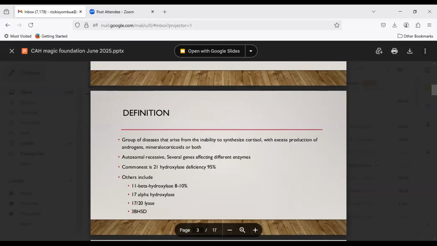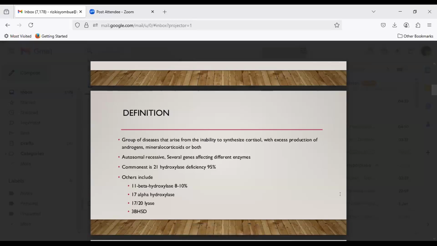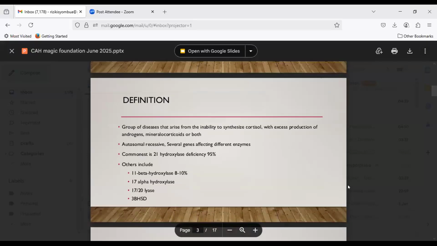The commonest is 21-hydroxylase deficiency that accounts for about 95% of the patients you see. But the others would include 11-beta-hydroxylase, 17-alpha, and 17-20-lyase, and 3-beta-HSD.